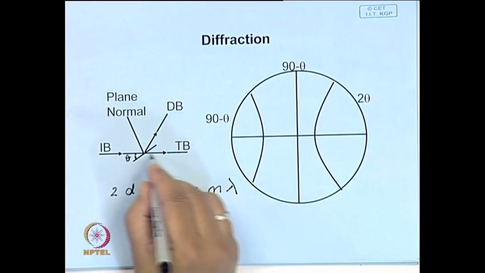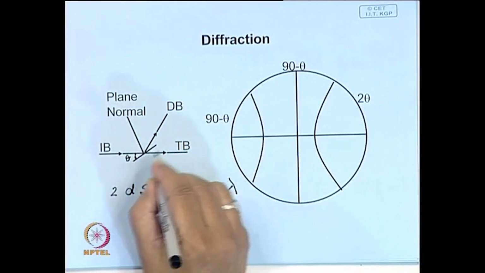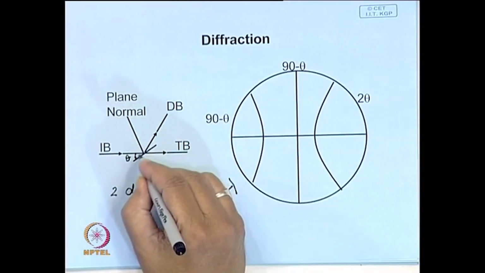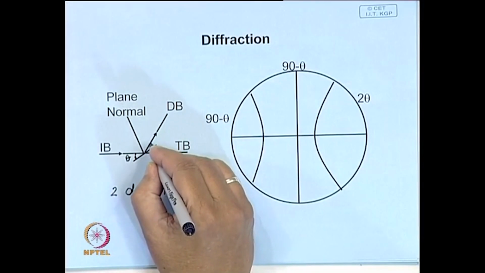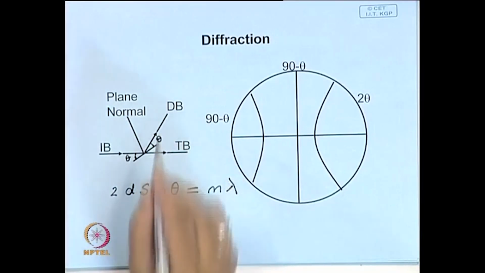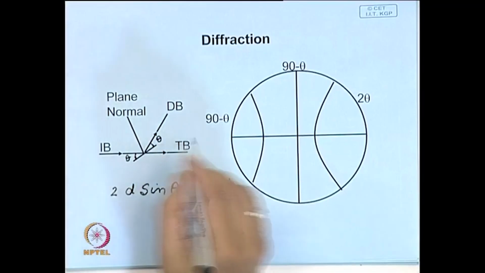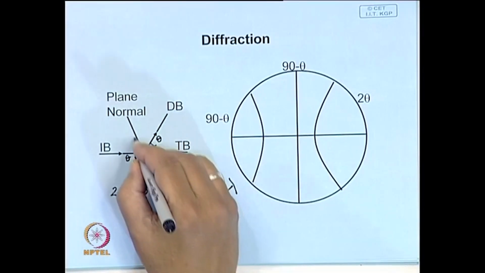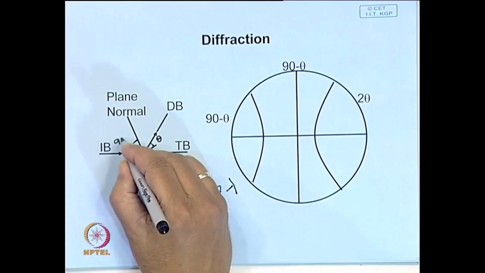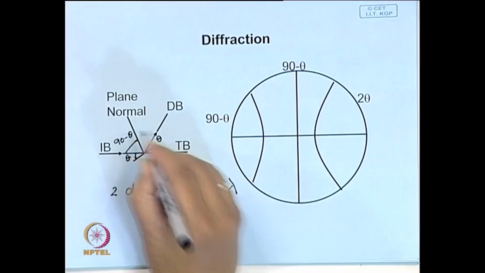This is the incident beam, this is the angle. Now, this is the transmitted beam, and the reflected or diffracted beam also will subtend an angle theta, and this is the normal to the plane, and this angle is 90 minus theta.